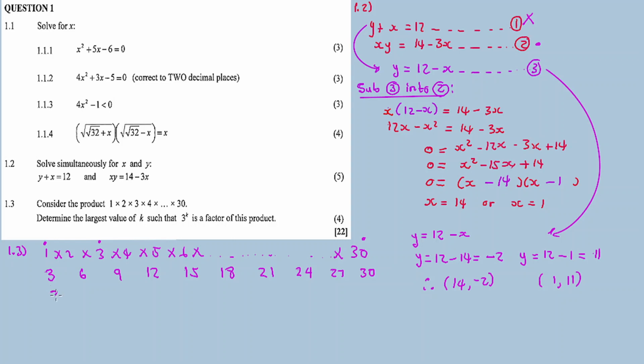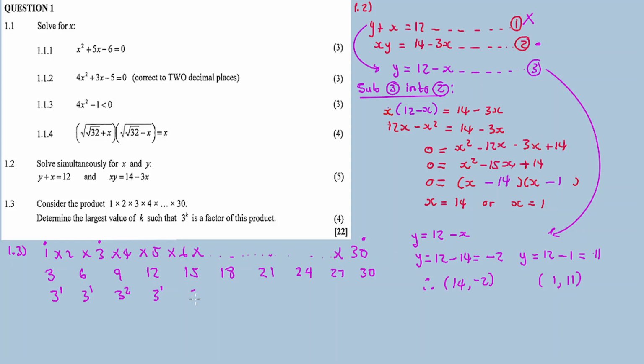For instance, 3 gives us 3 raised to exponent 1. 9 can be written as 3 raised to exponent 2, because 3 times 3 gives 9. 3 times 4 has one 3, so it's 3 raised to exponent 1.